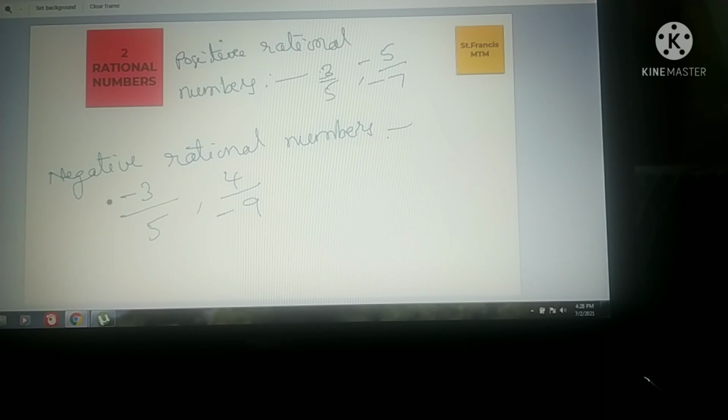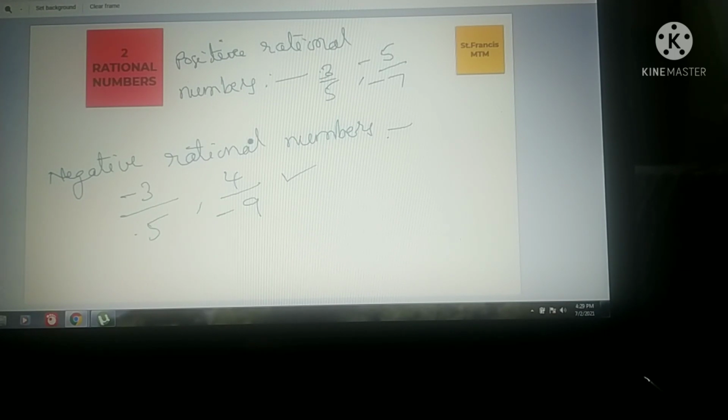These types of fractions come under negative rational numbers. So positive rational numbers means you can have both negative signs or both positive signs in the numerator and denominator, whereas negative rational numbers have one negative sign and one positive sign.